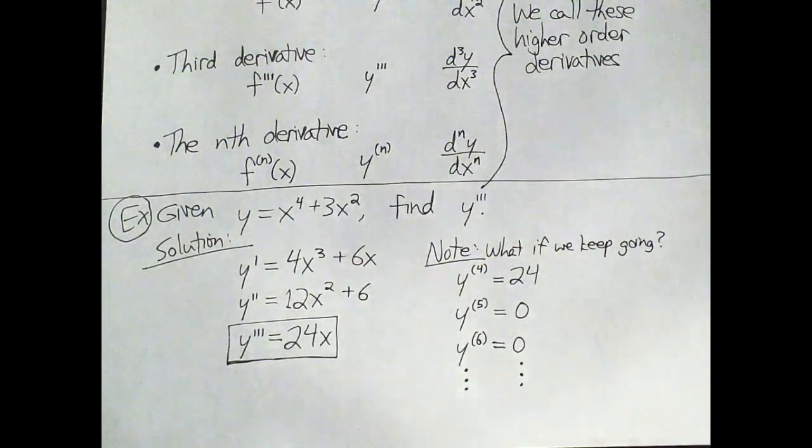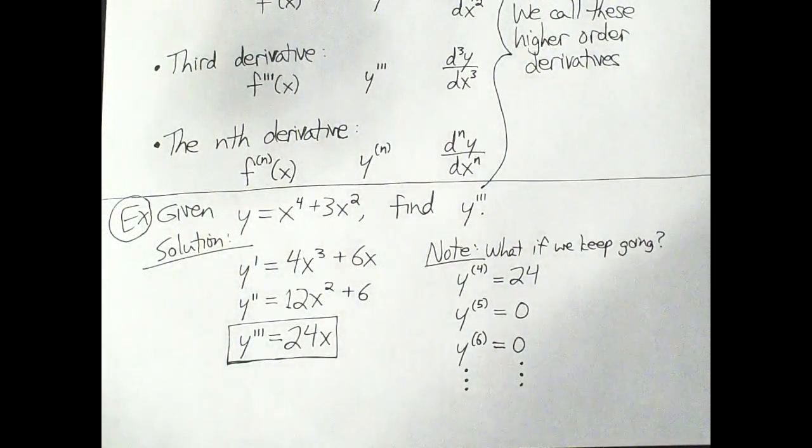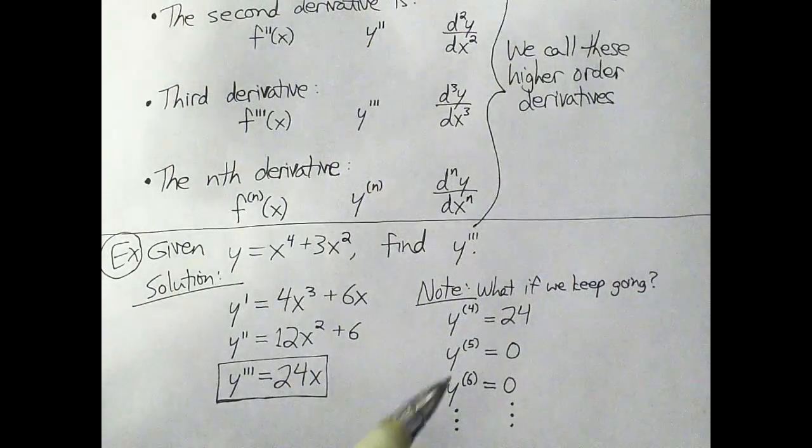This is a little bit of a preview of things to come. You might be wondering, what's the use of taking the derivative 7 or 8 times? Is there really any use to that? The first derivative is the slope of the tangent line, and maybe you could see that there could be some use for that, telling you the rate of change of a function. Is the function going upward? Is it going downward? So the first derivative seems like it might have some use.